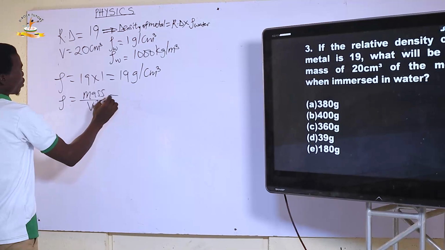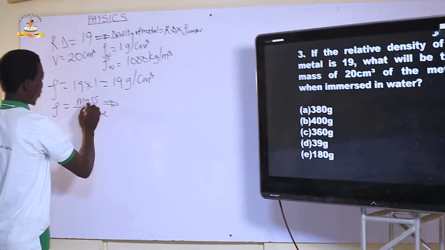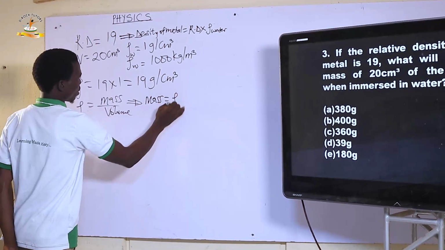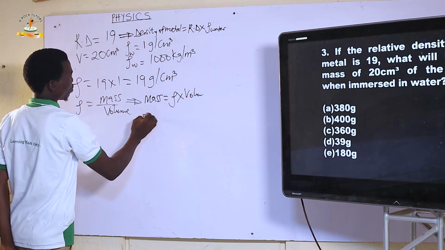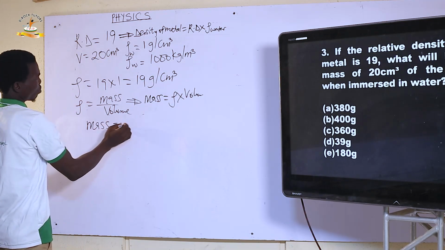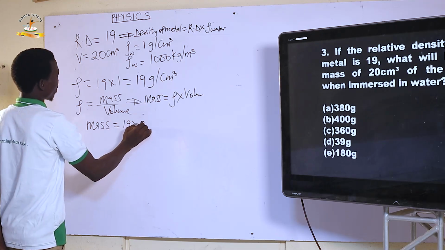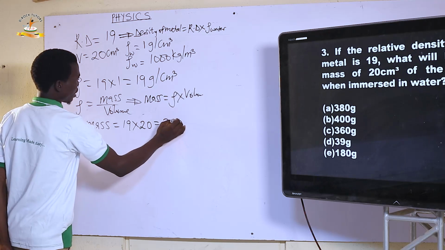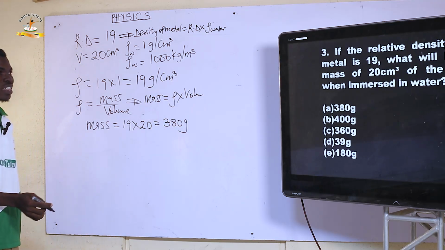So my mass is going to be density times volume. It means that my mass is going to be 19 times 20, and this is 380 gram. Don't forget, it will be in gram.